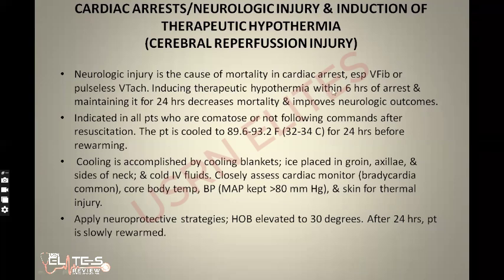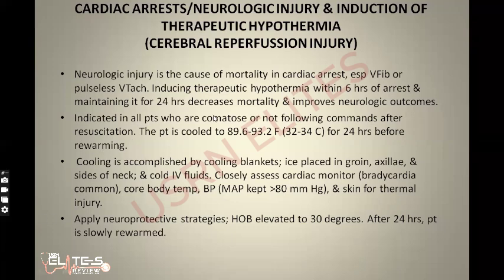Inducing therapeutic hypothermia within 6 hours of arrest and maintaining it for 24 hours decreases mortality rate and improves neurologic outcomes. Let's look at this one too, after I talk about it in a bit.